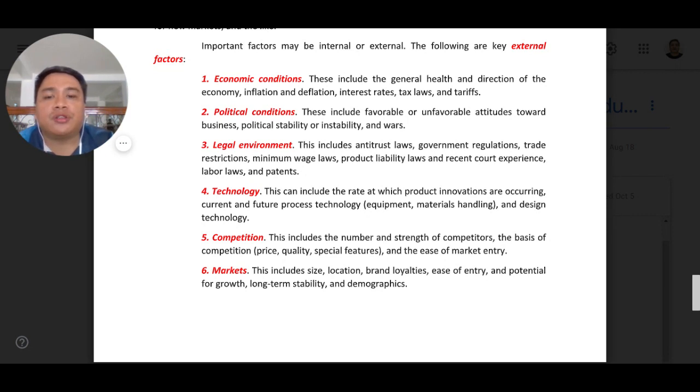Another political condition is, right now in our pandemic, how they are able to handle certain protocols for business establishments that cater to our customers.